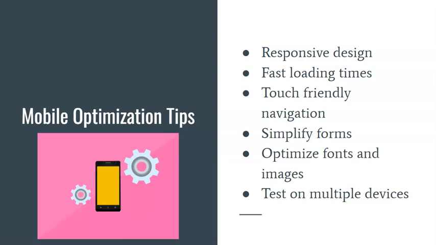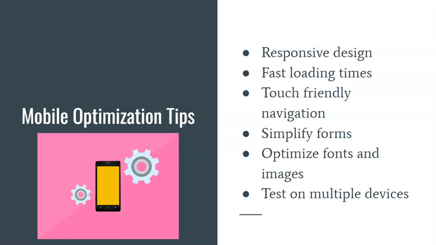Your links and buttons should be spaced out enough so people can click on them without clicking multiple links at the same time. So it also helps when we're talking about mobile optimization, ensuring that your buttons and links are large enough to be easily tapped with a finger, and then avoid placing interactive elements too close to each other in order to prevent accidental clicks.